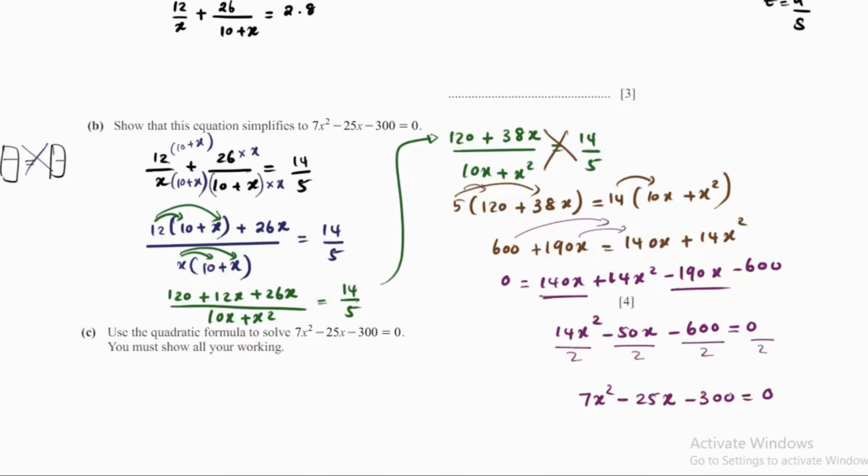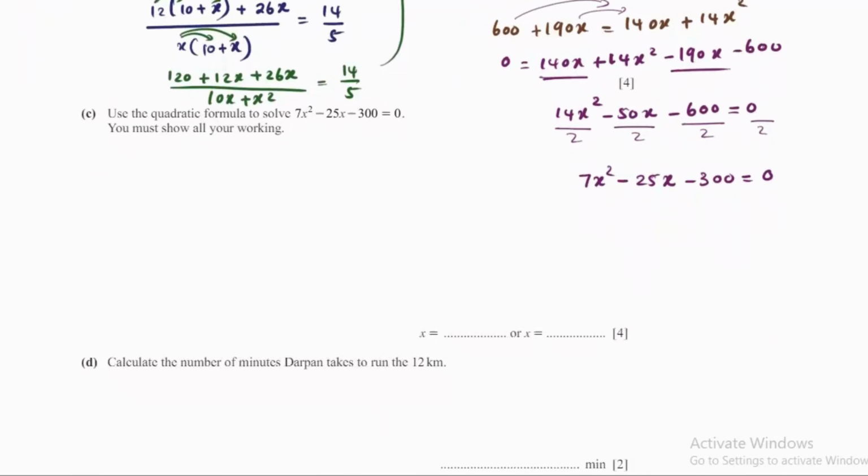In the next part of the question, use the quadratic formula to solve this equation that is given to us. So that is the equation that we found in the previous step. For us to use the quadratic formula, first we need to identify what a, b, and c are.